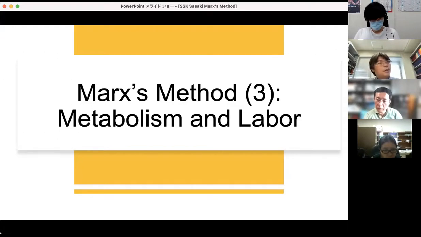Therefore, in Japan, I understand MMT's policy, but theoretically, MMT is not a communist or socialist policy.